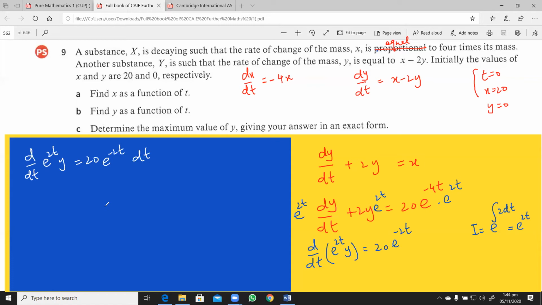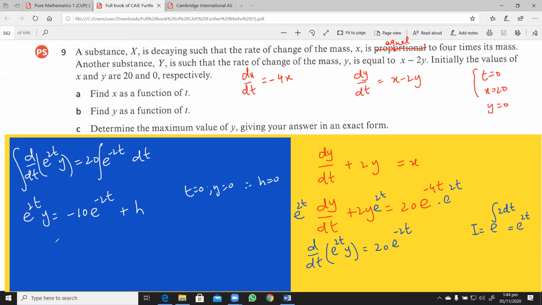Use the brackets, okay? So this is going to be e raised to power 2t y equal to minus 10 e raised to power minus 2t plus h. We put t as 0 and y as 0. So when your t is 0, y is 0, therefore this h is going to be 0, right?